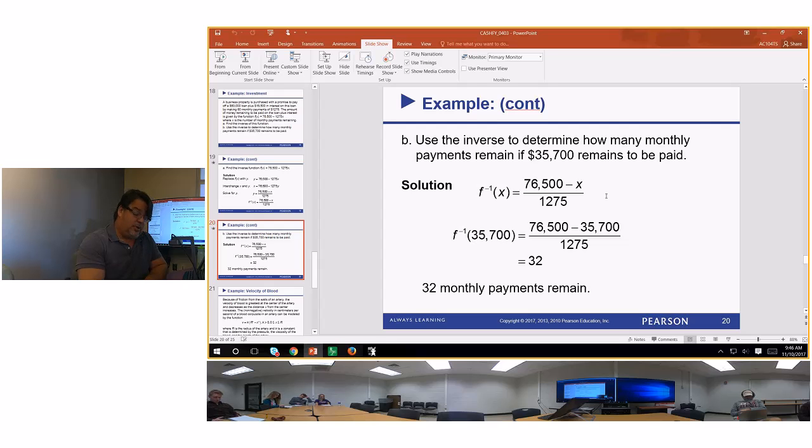You're going to get 32 payments remain. So you can tell that the inverse in business will give you how many payments you have left if you're given a certain type of question about payments.